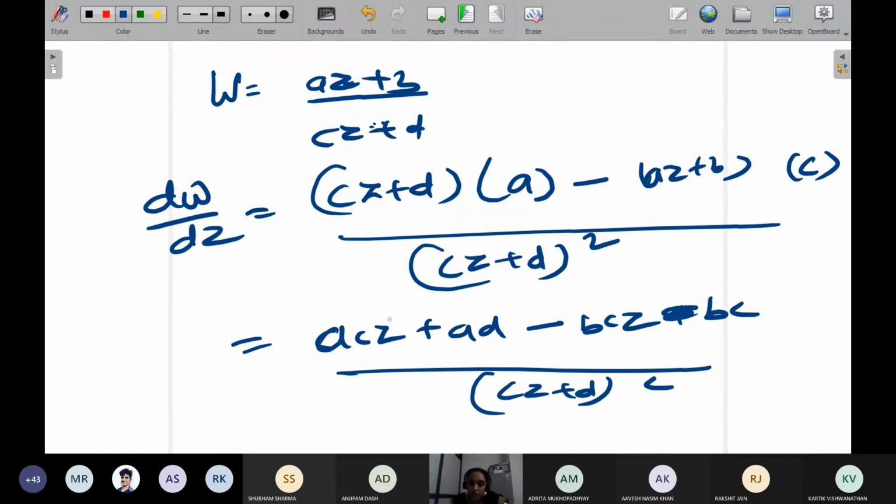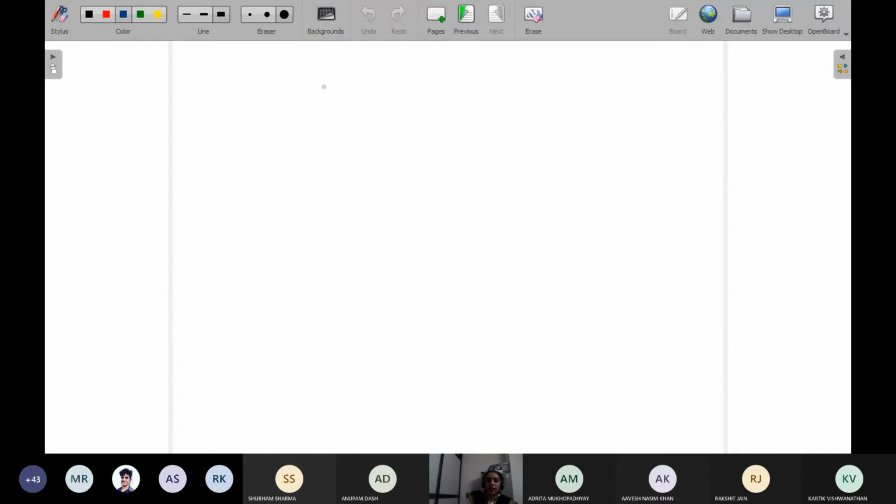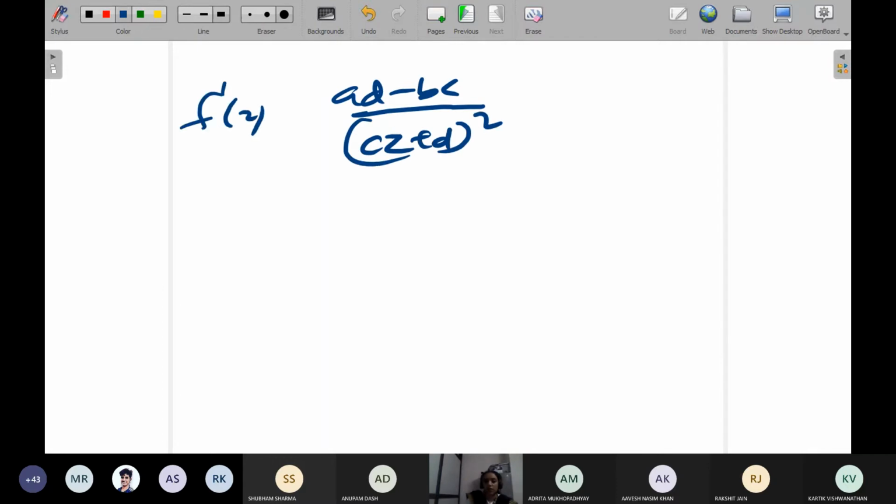The ACZ terms get cancelled, so you get AD minus BC divided by (CZ plus D) the whole square.